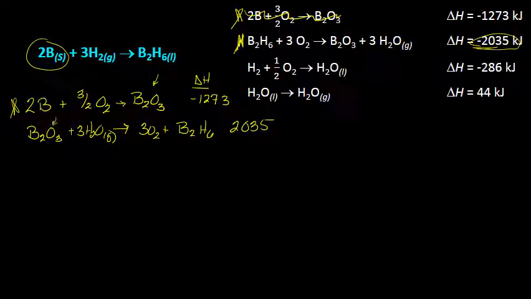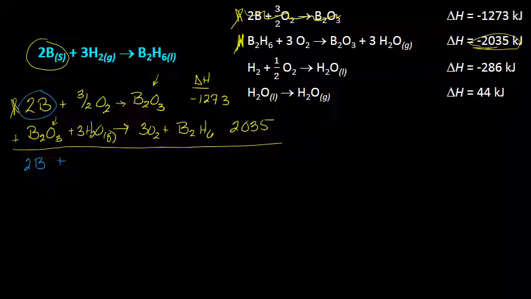Now, am I ready to add them? Yes, because both the B2O3s will subtract out of this problem. So I can add them up. I don't see any other borons anywhere, so I'm just going to bring that right on down. Plus, and let's see, there's B2O3 and there's B2O3, and there's ones in front, so they add up to 0, or like my students say, they cancel out. I don't see waters anywhere, so I'm going to go ahead and bring down the 3 waters, and that is gaseous water.